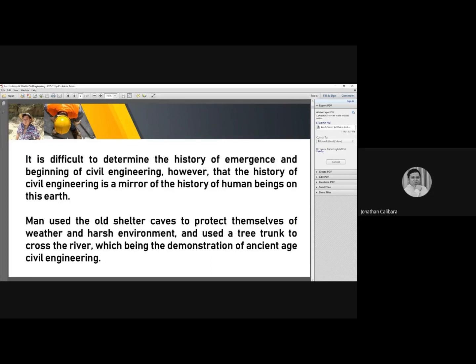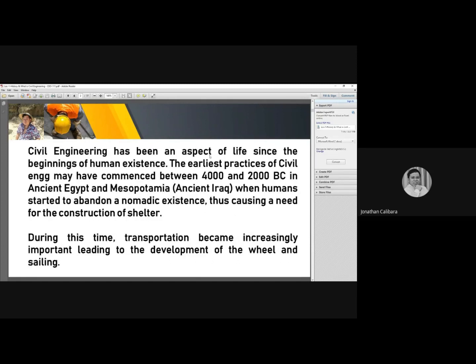so the next slide we have here says civil engineering has been an aspect of life since the beginnings of human existence. The earliest practices of civil engineering may have commenced between 4000 and 2000 BC in ancient Egypt and Mesopotamia, when humans started to abandon a nomadic existence, thus causing a need for the construction of shelter.